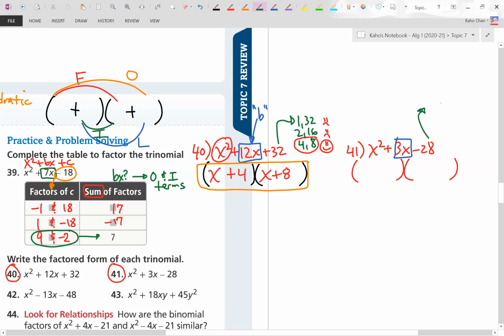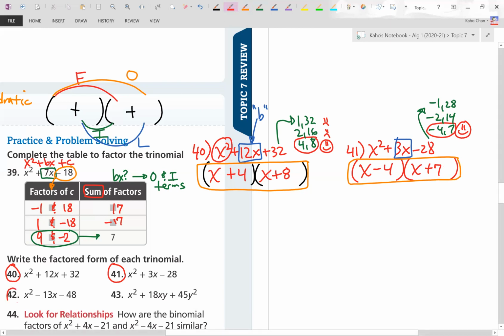You can do this in your head. Negative 1, 28, no. Negative 2, 14, getting close. Negative 4, 7, what? There it is. Negative 4 plus 7 is 3. Put that in there. x minus 4, x plus 7. Ding, ding. Number 41 is done.